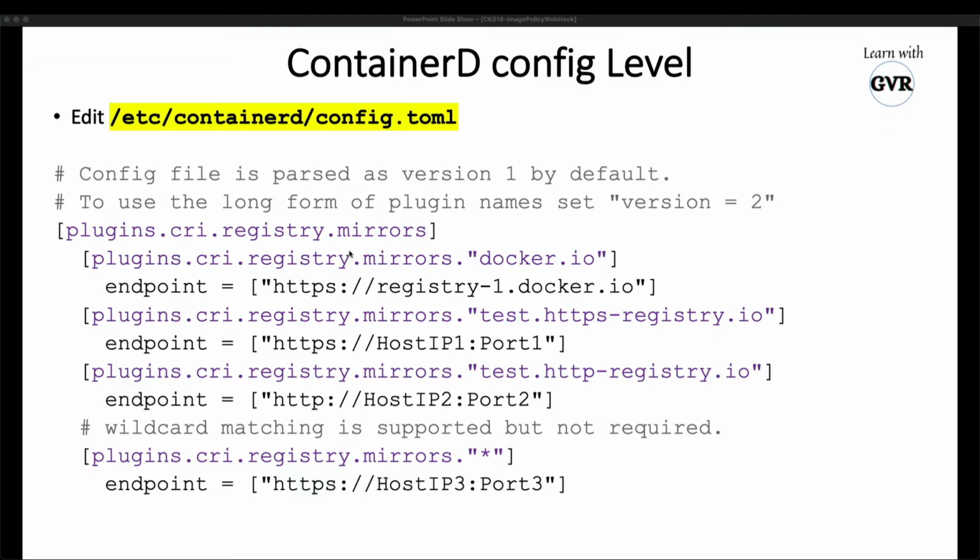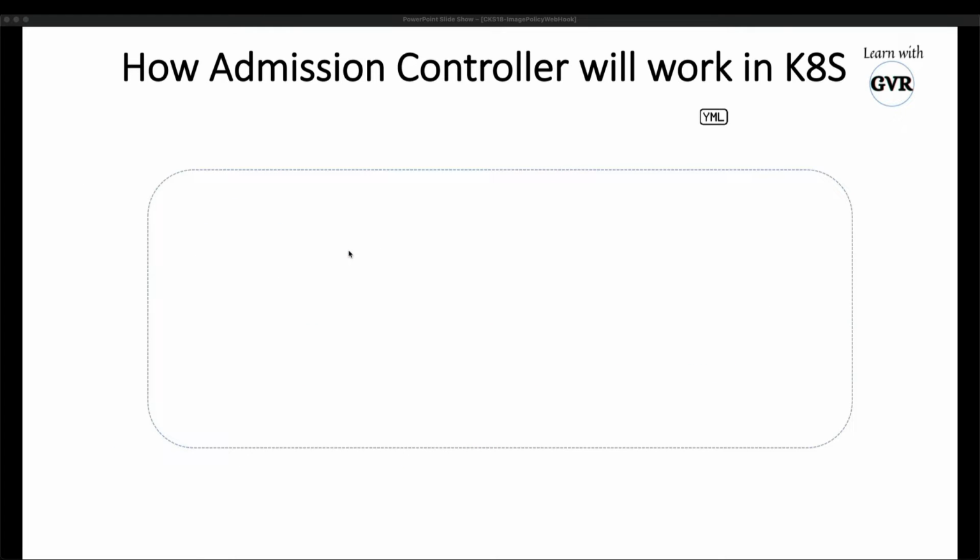Now next is ImagePolicyWebhook. Before that, we need to understand how the admission controller works in Kubernetes. Let's say you have a deployment YAML file and a kubeconfig. Of course, to connect to any Kubernetes cluster, you need a kubeconfig.